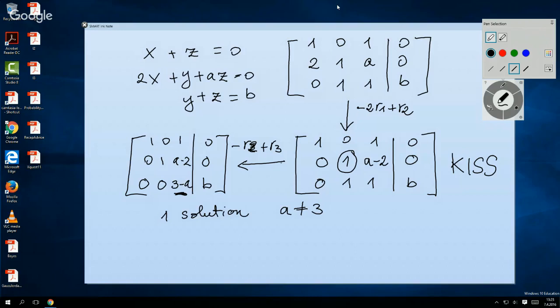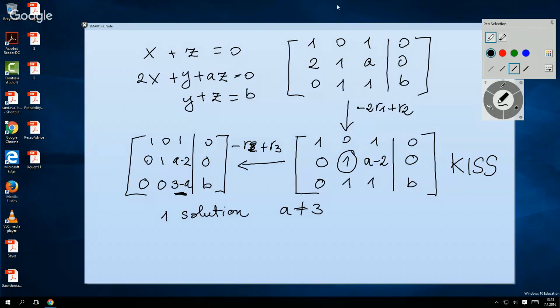Which means that no matter what b is, we can get a 1 there because we can divide by 3 minus a. In that case, whatever you get for b divided by 3 minus a is the only value of z. But then z has only one value, so y has only one value, and so on. The matrix is going to have rank 3, so there were 3 variables. This means each variable is going to get exactly one value.